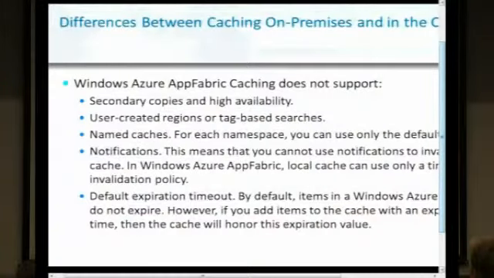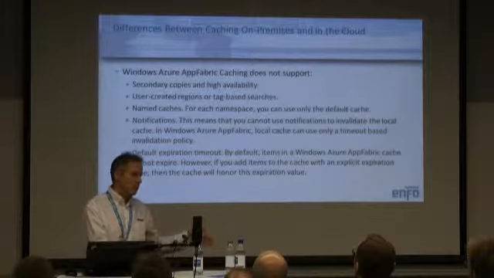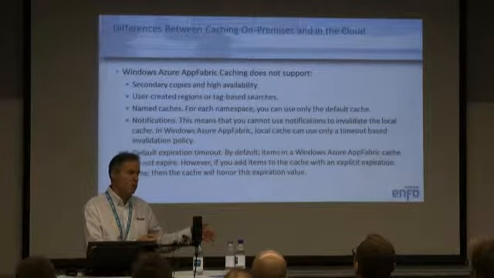But when you are using AppFabric caching in the cloud instead, of course, you are not using any PowerShell cmdlets to manage the entire environment. You are just creating your cache using the Windows Azure Management Portal. Okay, I will show you how you can do that.